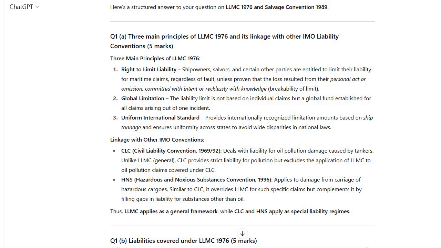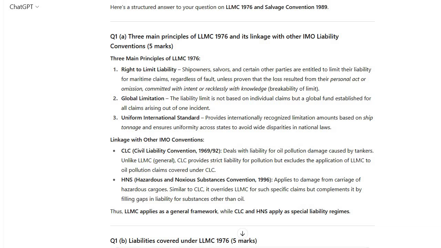So Y is definitely greater than X. So there is a certain standardization for X for a ship of 500 gross tonnage. A certain amount of cap is provided for a ship which is of Y type, which needs to have a much larger coverage because the chances of such ships polluting are very high. So there are different caps here.